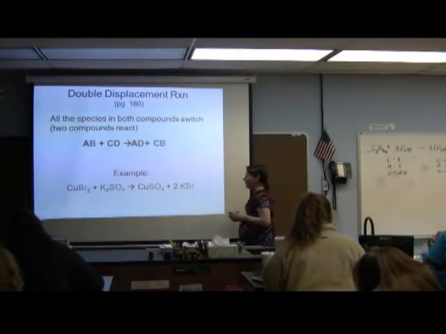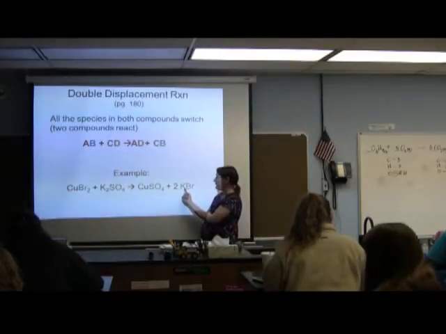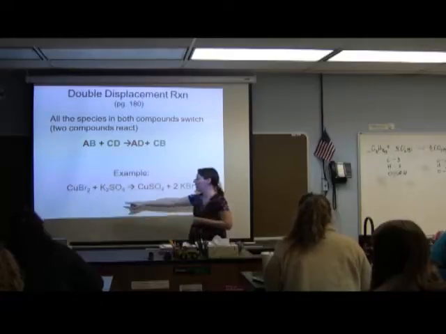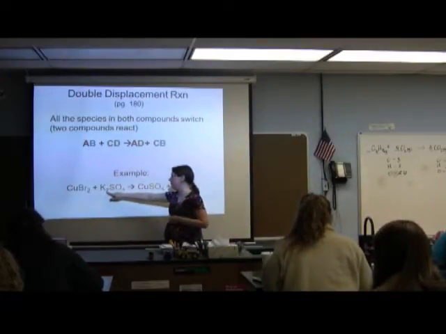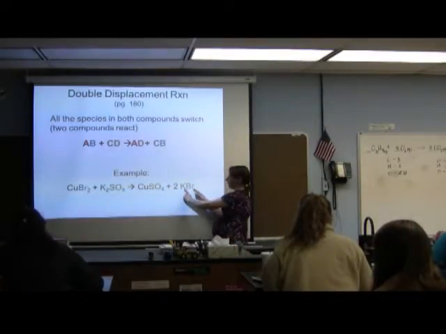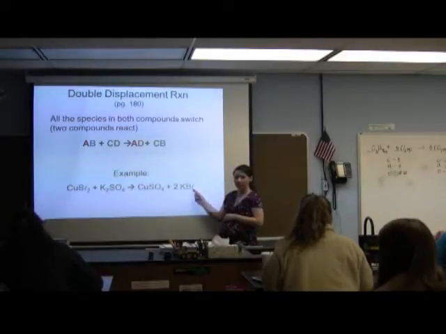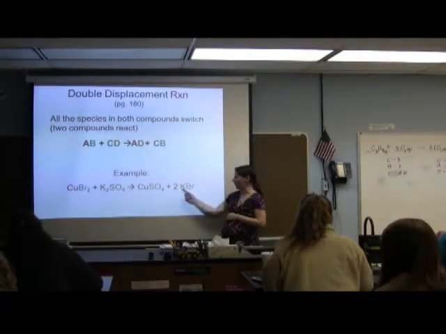Why is it KBr right here instead of KBr2 or K2Br2? Because you say, oh, there are 2 bromines here and 2 Ks right here, so why isn't it K2Br2? What's the charge on potassium? +1, and what's the charge on bromine? -1.